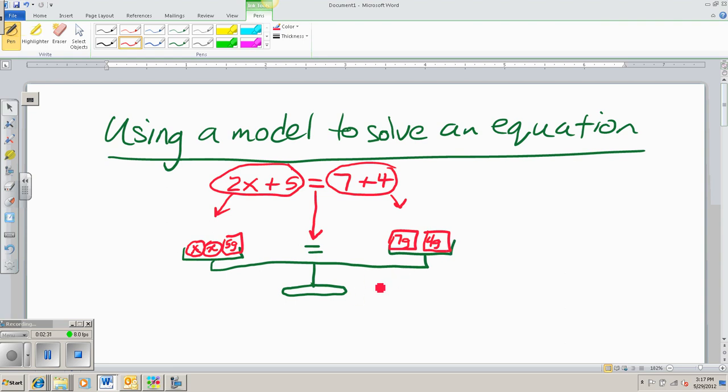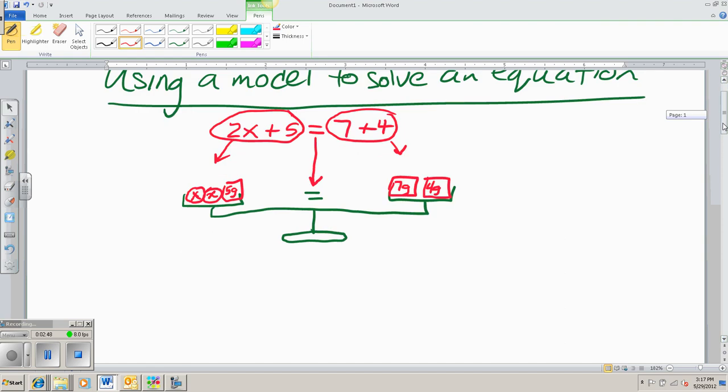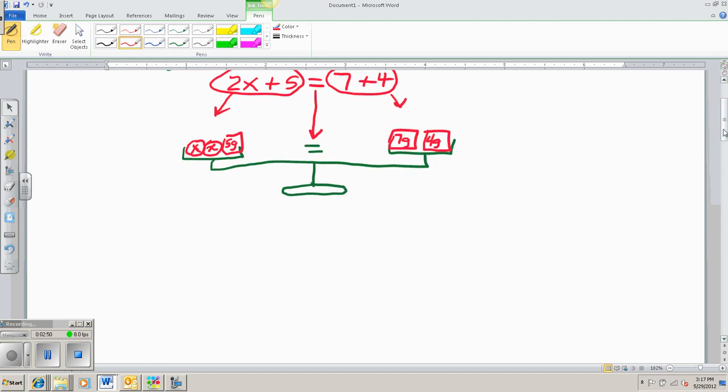Okay? So to be able to solve this equation, to figure out what 1x is, we have to start doing some manipulation here. If we keep the balance so that it's not tilting one way or the other, if we do the exact same thing to both sides, then we're going to keep the equation a true statement. So for example, if I say, I want to find out what 1x is, so I'm going to take off 1x.